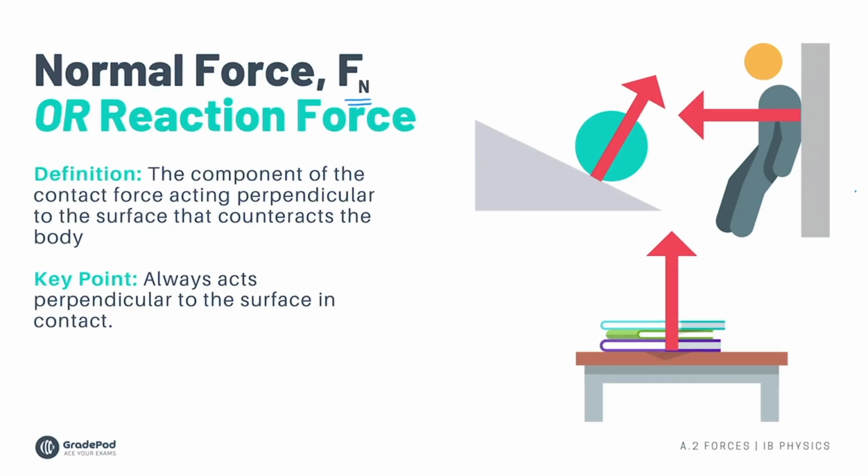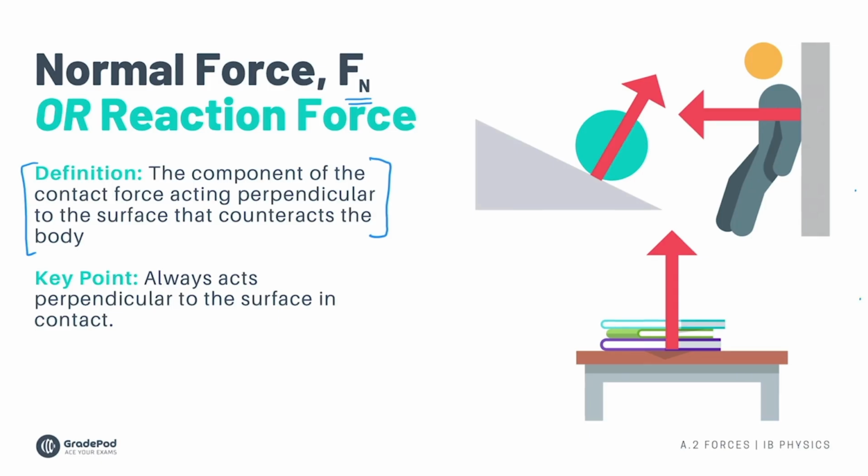The definition of the normal force is the component of the contact force acting perpendicular to the surface that counters the body. We've already seen that when we considered the book resting on the table earlier. You can see that the normal force is acting perpendicular to the surface in contact, and the weight force is causing that contact force.